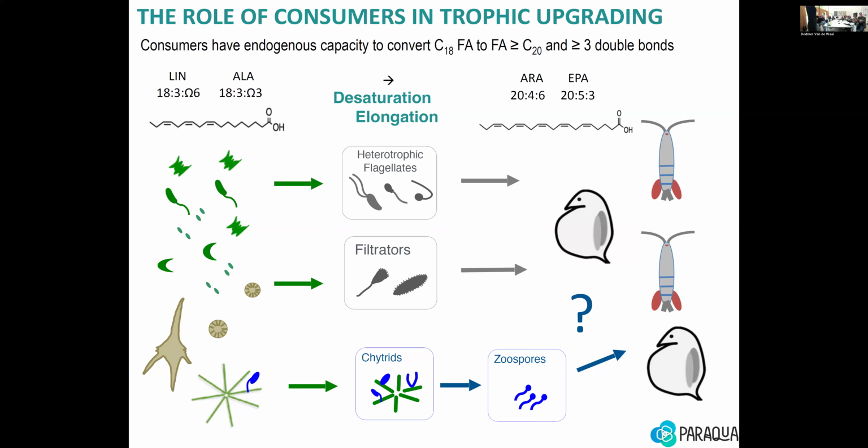These short chain fatty acids are only produced by algae. And then through the food web, consumers have the capacity, through their metabolic pathways and the enzymes that consumers have, to desaturate and elongate. So they add bricks, add longer chain, and add desaturated bricks through the different steps of the food web.